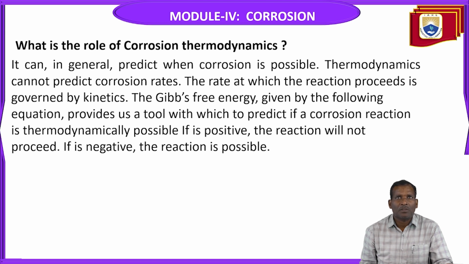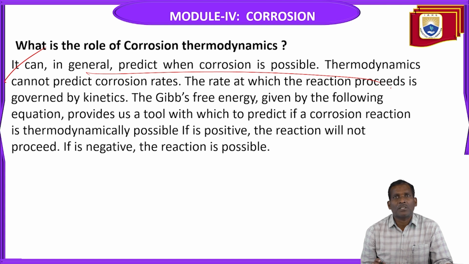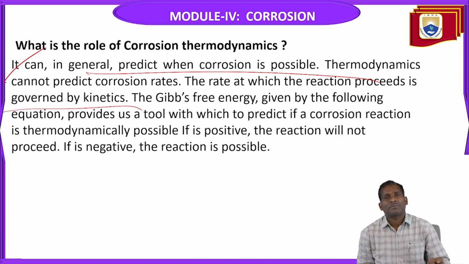Next, the role of corrosion thermodynamics, continued. It can in general predict when corrosion is possible. Thermodynamics cannot predict corrosion rates. The rate at which the reaction proceeds is governed by kinetics.